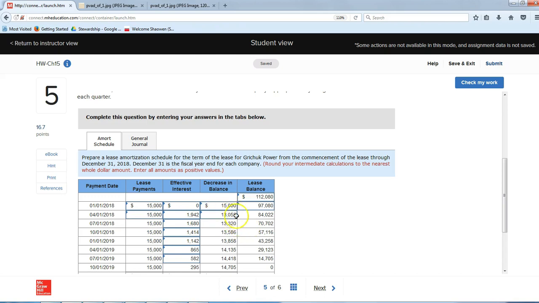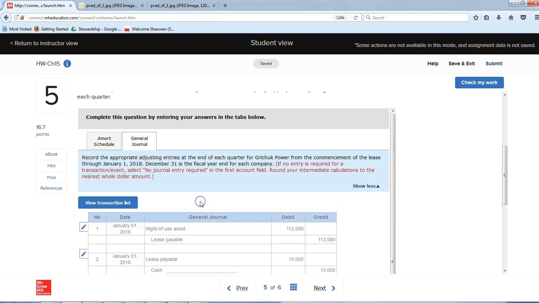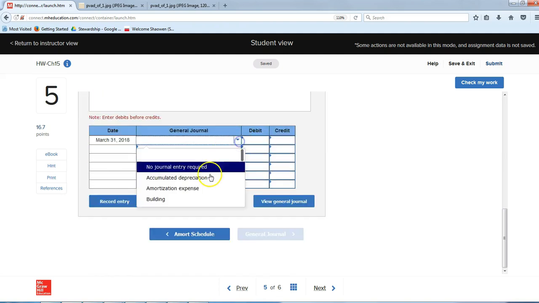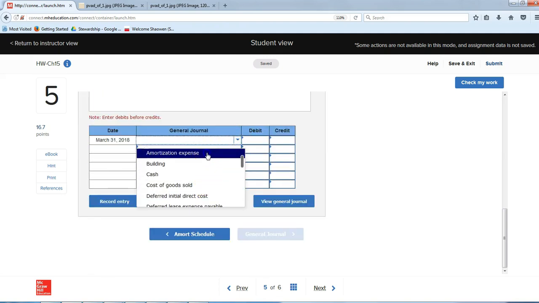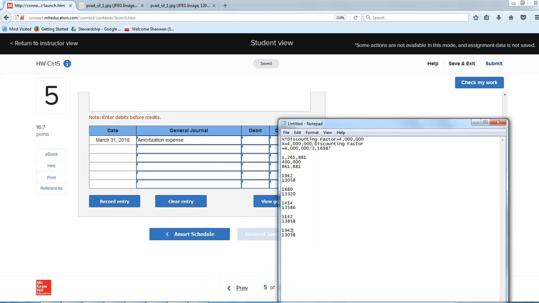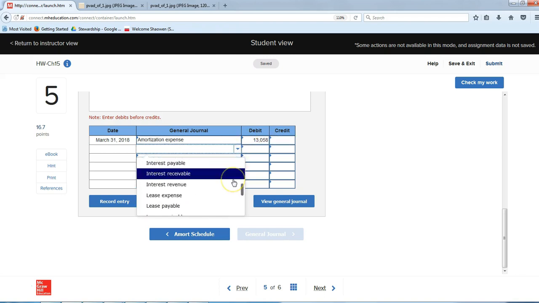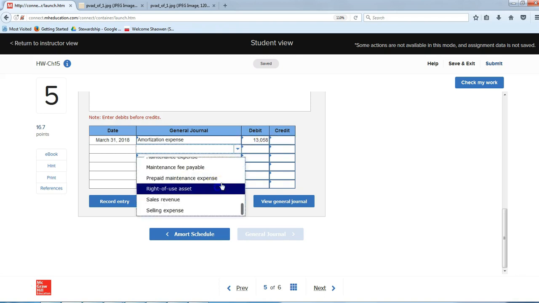Amortization expense will be the same as the amount that reduces lease payable, so 13,058, and we will directly reduce the value of the right of use asset.